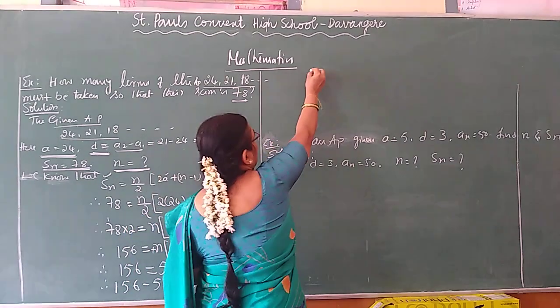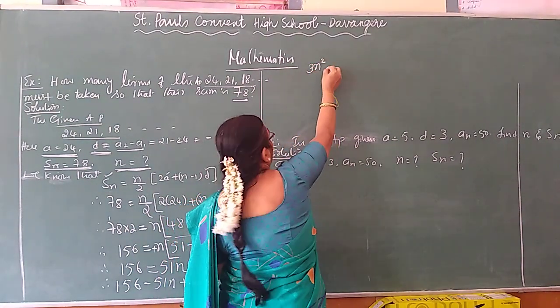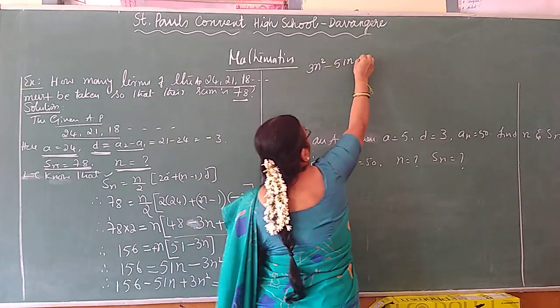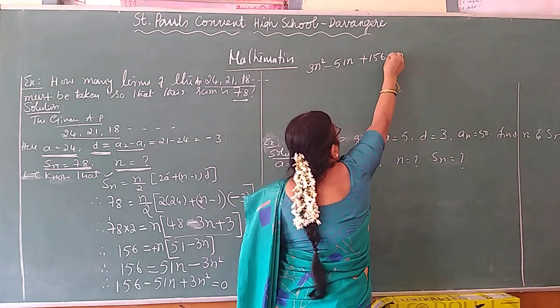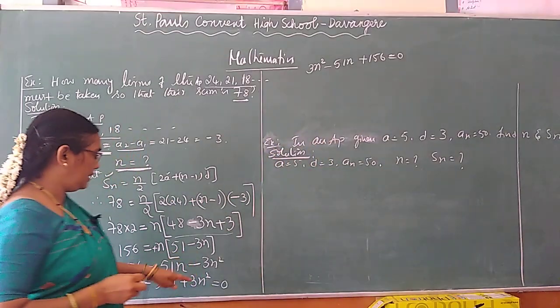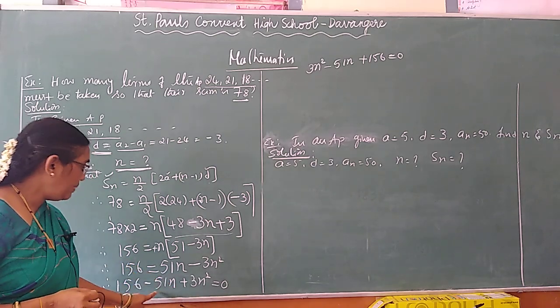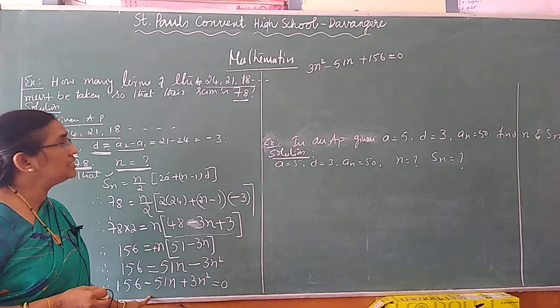So now arrange the terms as 3n square minus 51n plus 156 equal to 0. Alright, okay, are you clear? I am arranging the terms, that's all. n square first, minus 51n and 156.